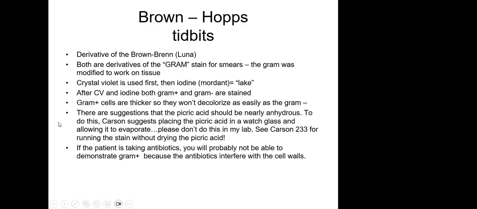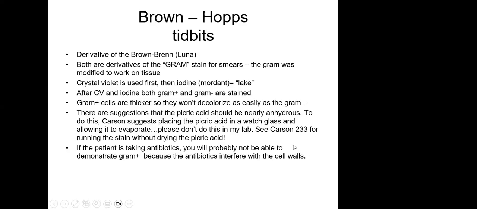Now, the other thing about the Brown and Hopps is if your patient is taking antibiotics, you will probably not be able to demonstrate any gram positives, because those antibiotics interfere with the cell wall of the gram positive bacteria.